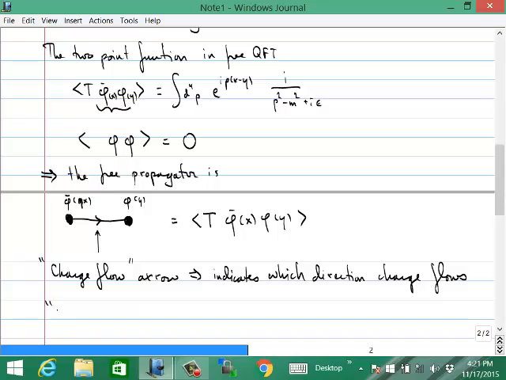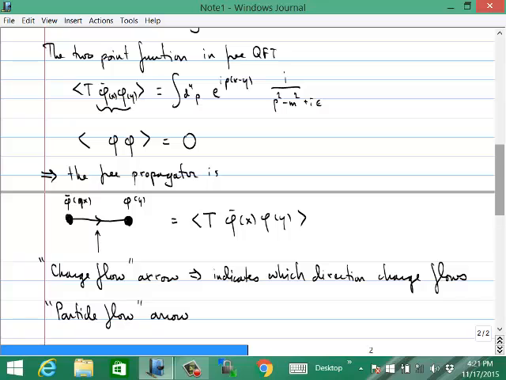This is also sometimes called a particle flow arrow, because it's pointing from the thing that creates an antiparticle to the thing that creates a particle. And the point is that these charge flow arrows, when we write down our Feynman diagrams, will help us keep track of charge conservation in the theory.